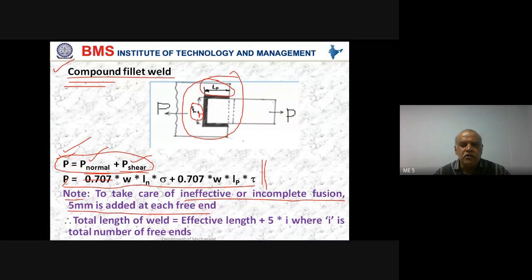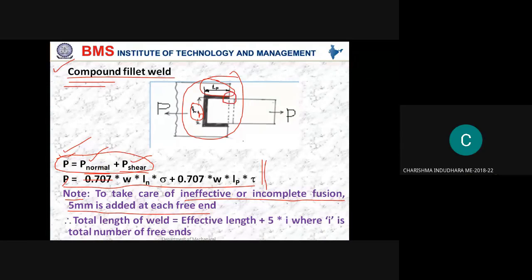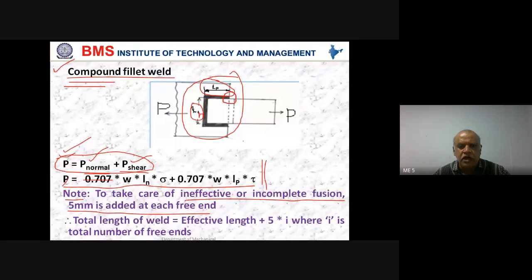When you look at the sketch, you have one free end over here, another free end over there. So to take care of ineffective or incomplete fusion, an additional length of 5 mm is added to the total weld length. So that is what I have taken over here.